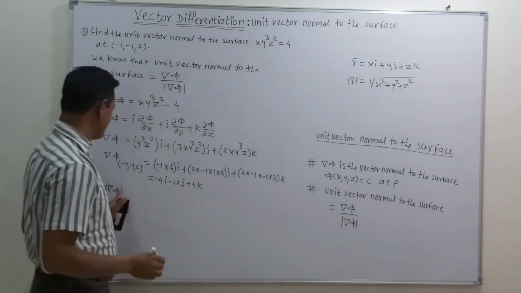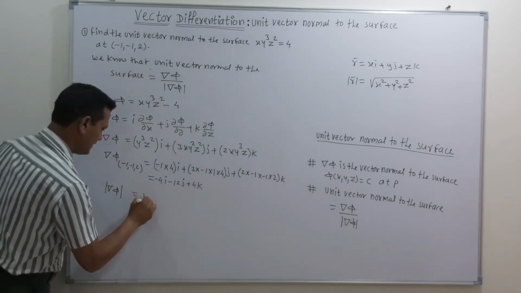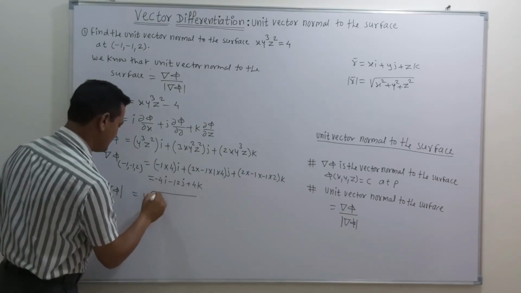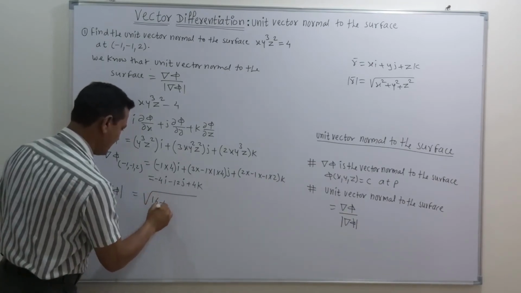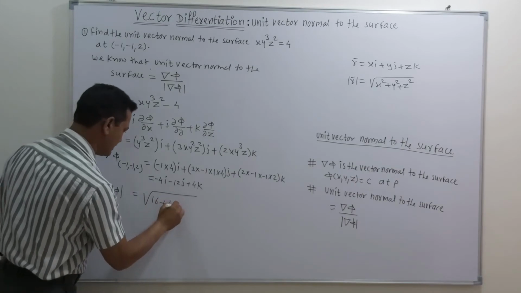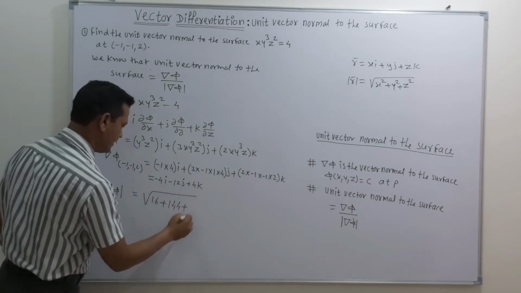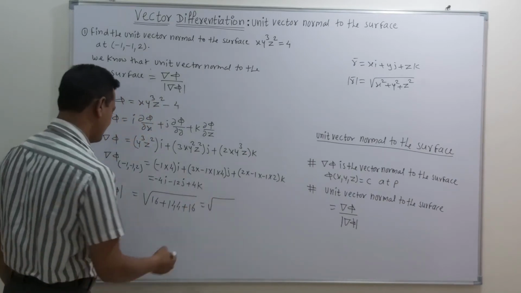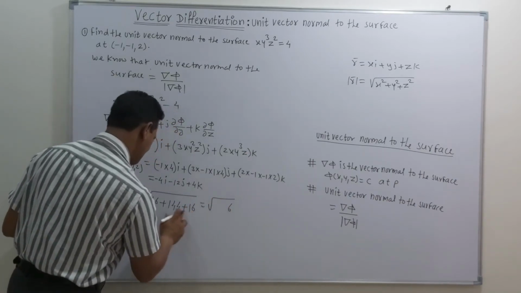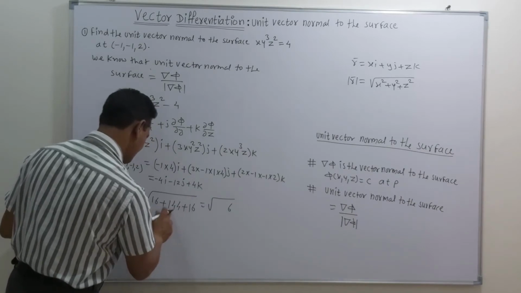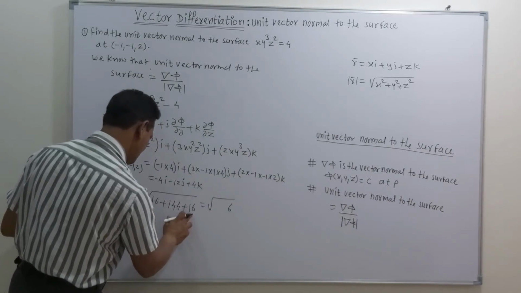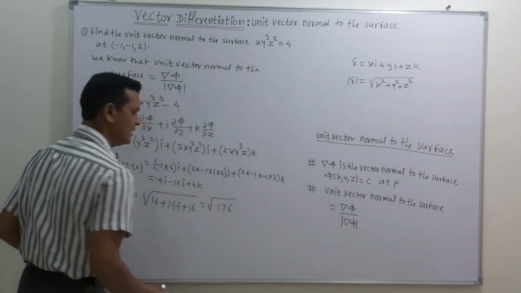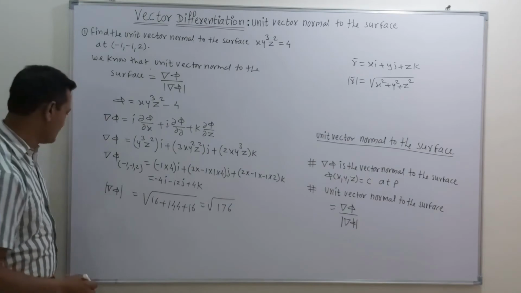If we apply this concept, we get the root of 4 square, that is 16, plus 12 square, which is 144, plus again 4 square, which is 16. So we directly get 176 under the root as the answer.